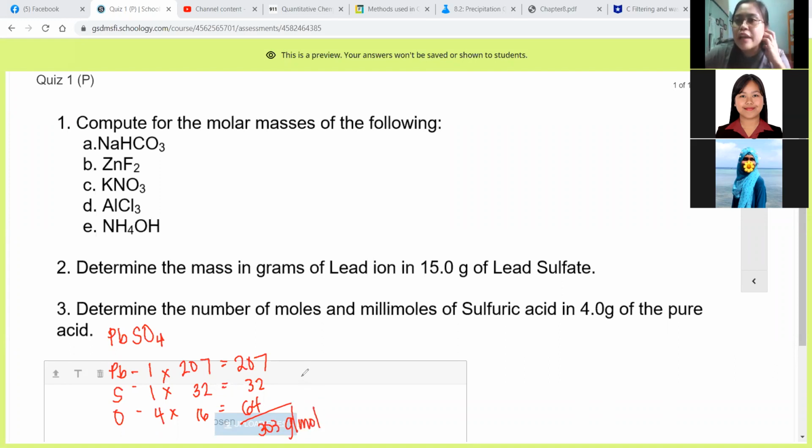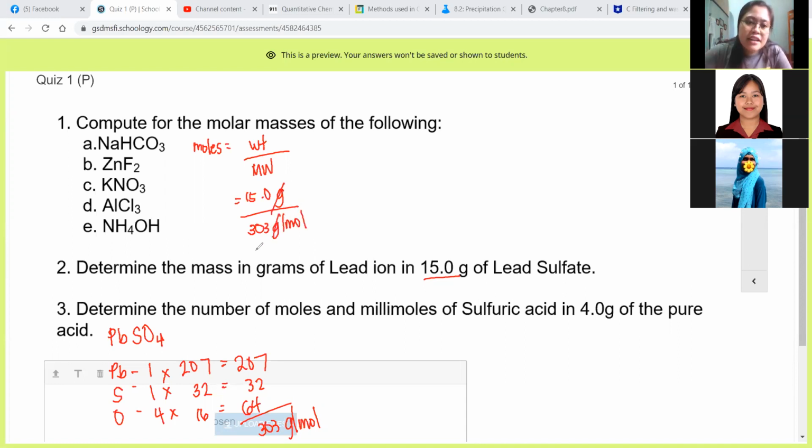Pagkabalo na ta sa molecular weight, first we will be computing for the moles of lead sulfate. So do not forget that the formula is moles is weight of substance over molecular weight. Okay. So weight of substance, the given weight is 15.0 grams. The molecular weight is 303 grams per mole.